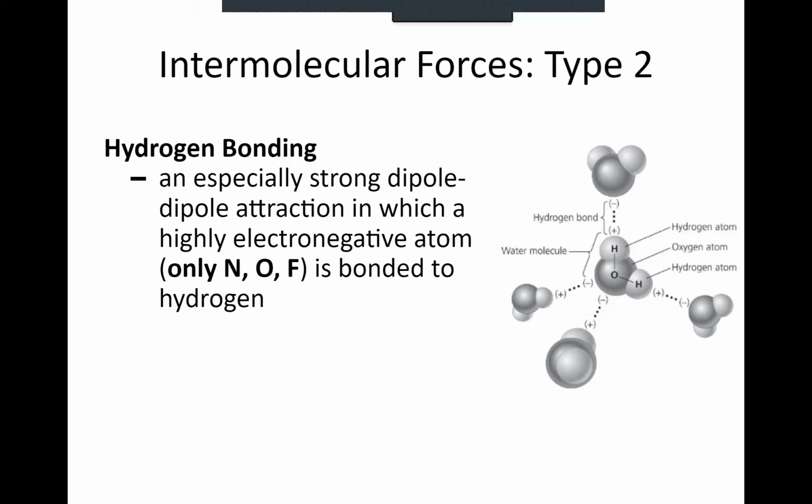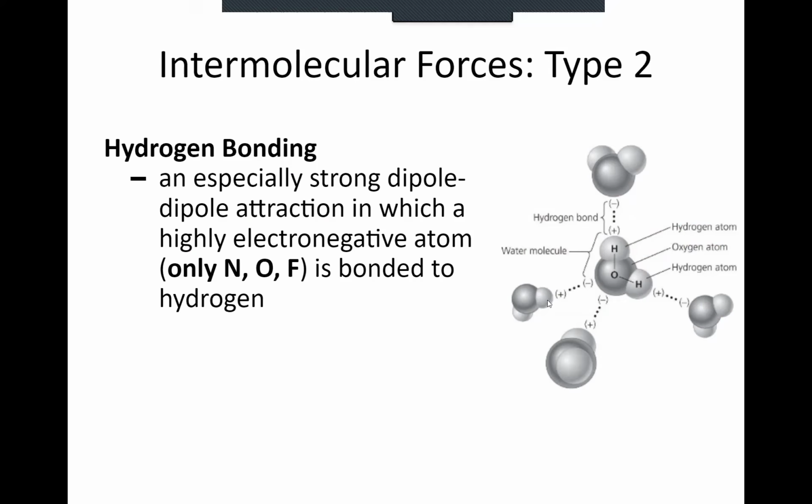And I mentioned chlorine as one of those, but if you just think of F, O, and N, phone, bonded to hydrogen, if that's the case in any molecule you're considering, like water, hydrogen bonded directly to oxygen, then the molecule will experience hydrogen bonding.